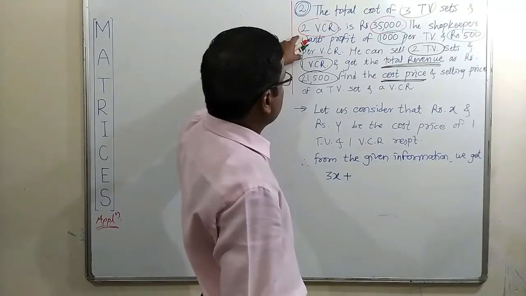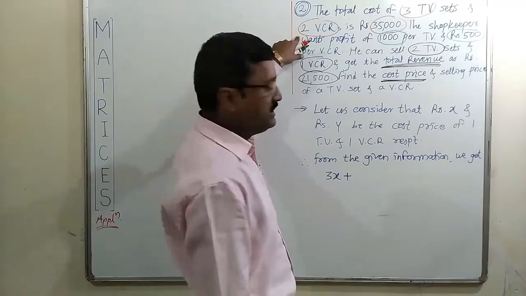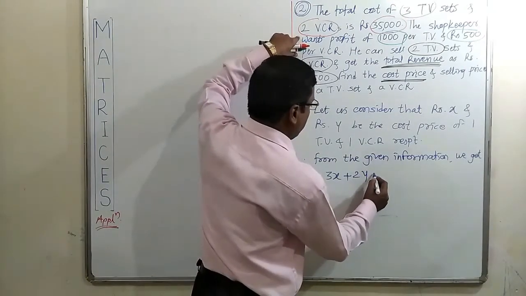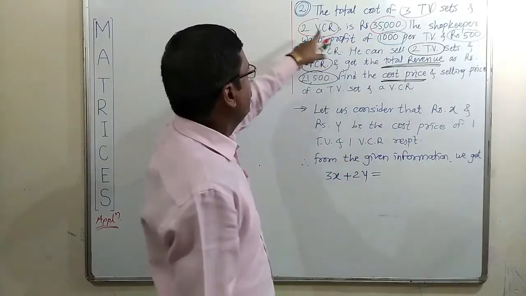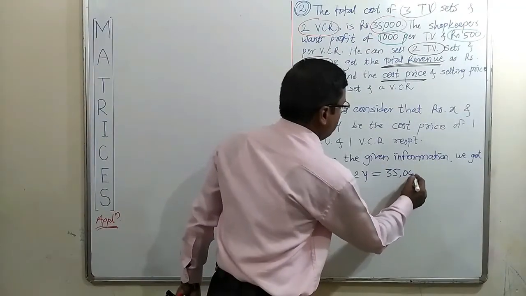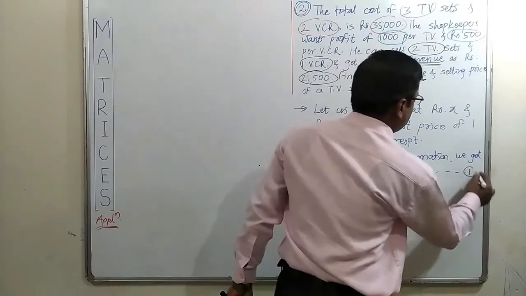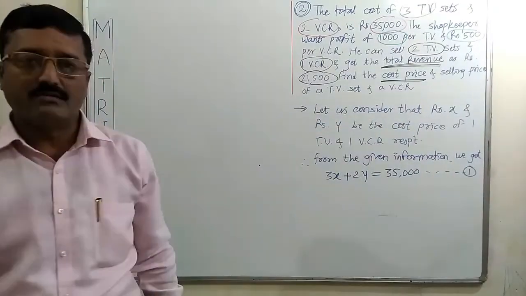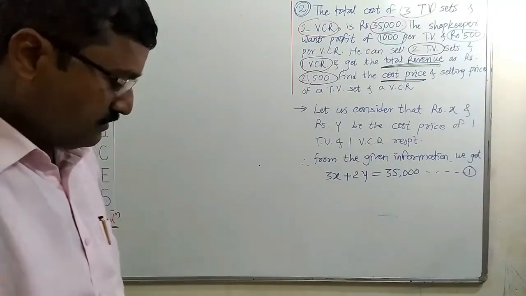Similarly, y is the cost of 1 VCR, so the cost of 2 VCRs will be 2y, and the total of these two costs is rupees 35,000. So we easily get our first equation, that is 3x + 2y = 35,000.